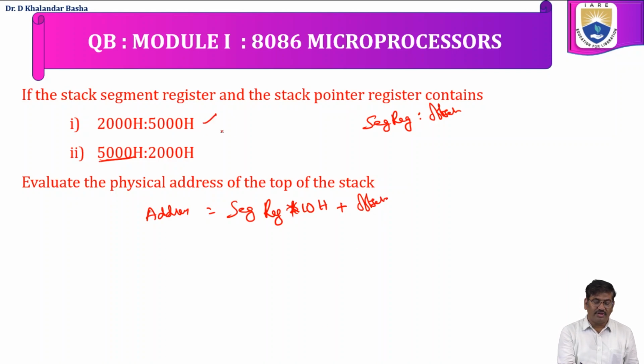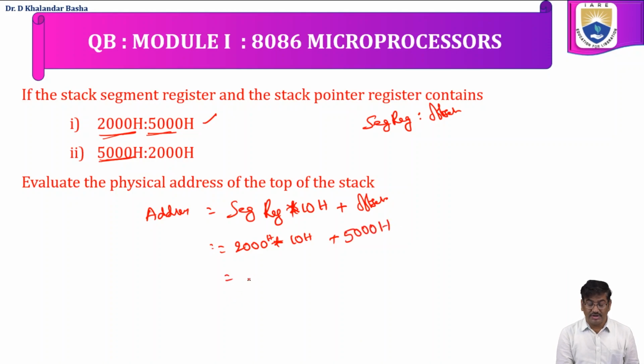We will work on the first one, where the segment register is 2000H. So 2000H multiplied by 10H, to which we need to add the offset. The given offset in the problem is 5000H.